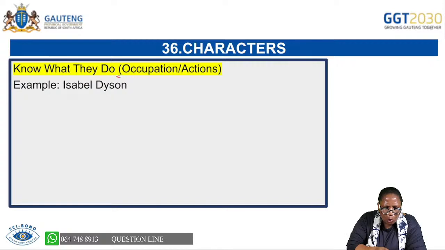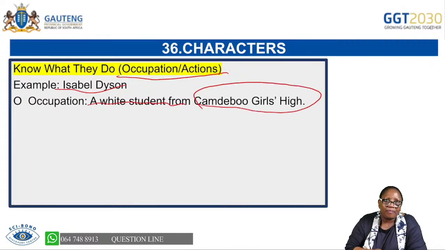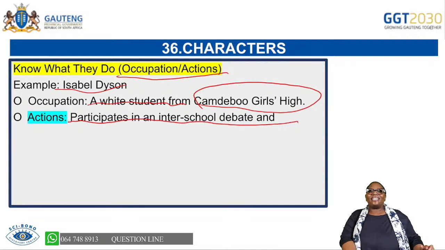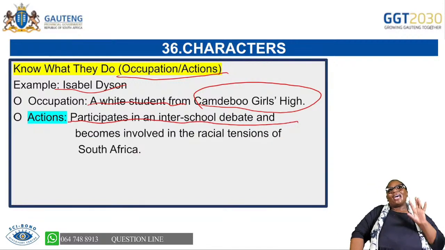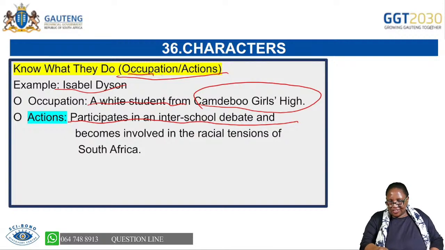You must also know their occupations. What do they do? Example, Isabel Dyson. Who is she? She's a white student from where? From Camdebo High. She participates in the inter-school debate. I want you to do the same with other characters. Who are Isabel Dyson's parents and what do they do? So you need to know their occupations and their actions.